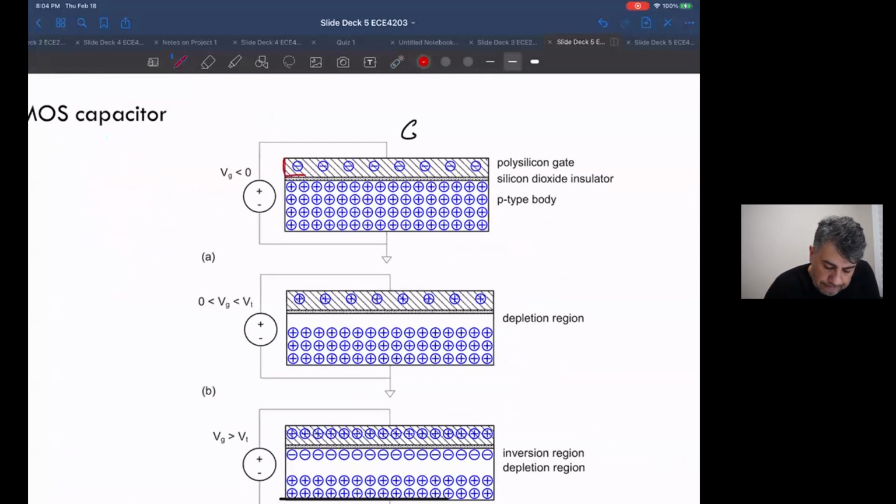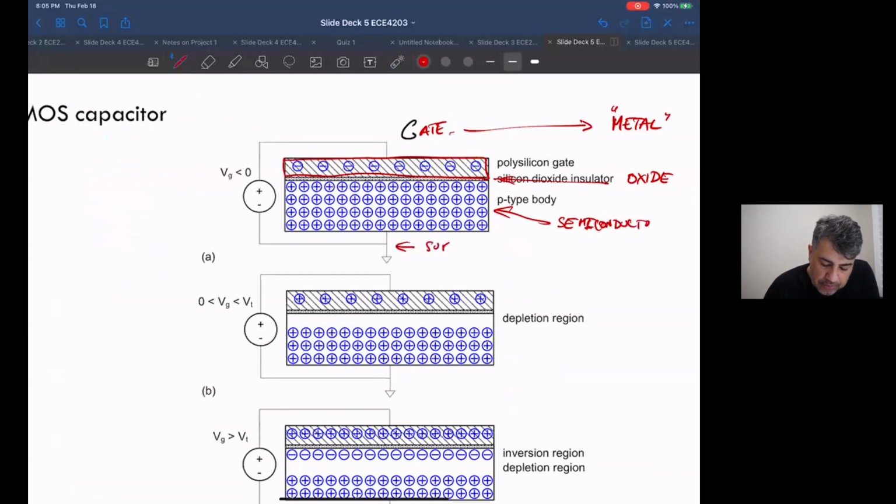That's the poly. That's the so-called metal, because it used to be metal back in the day. Then you have the silicon dioxide layer, which is the oxide. And you have the S, which is the semiconductor. So that's MOS, which is the substrate connection.